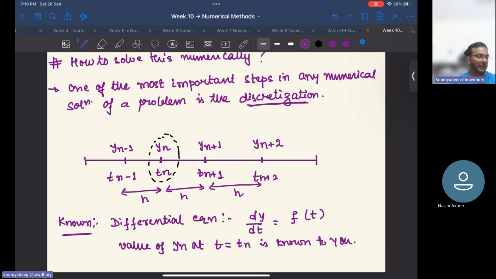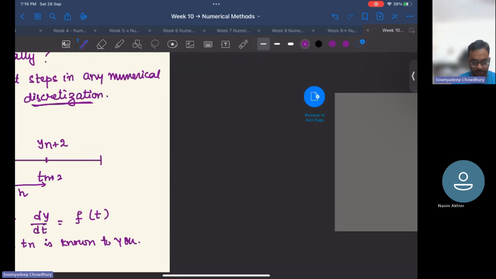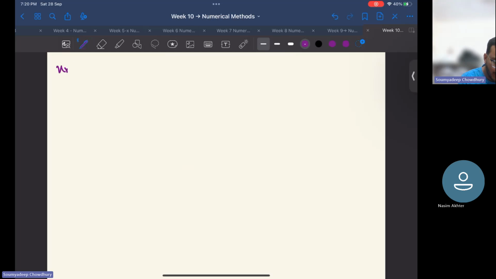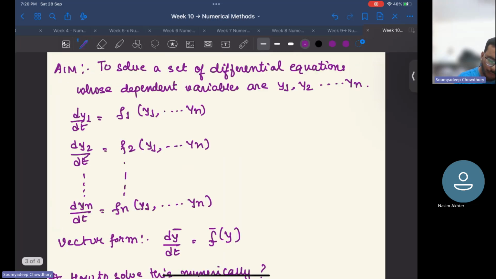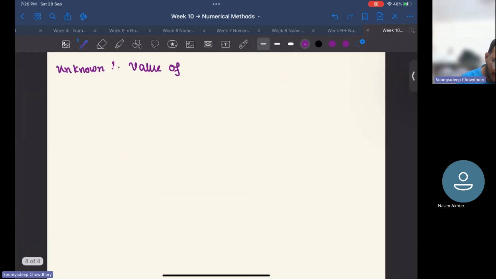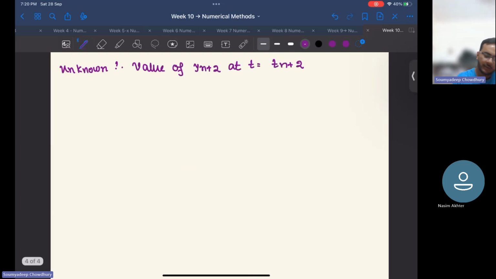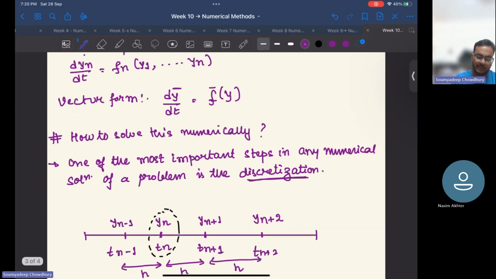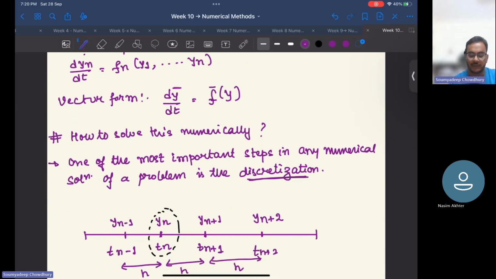So now what you have to find out. Basically the unknown will be the value at some other point. Say we are interested in finding the value of yn plus 2 at t equal to tn plus 2. So here your yn is given to you and you have to find out, based on the relation given by the differential equation, the value of yn plus 2.